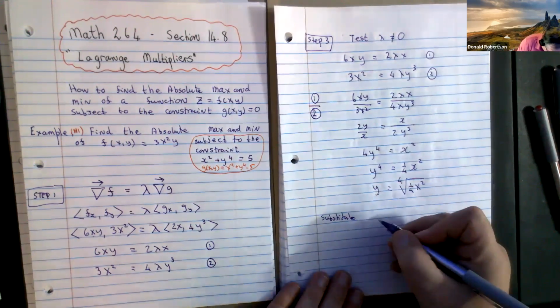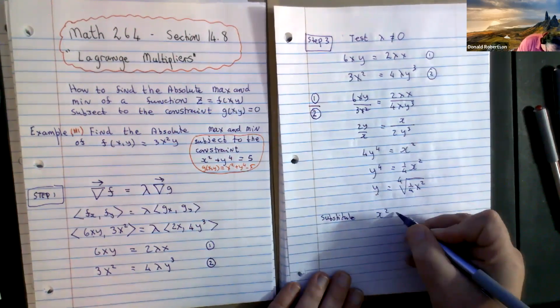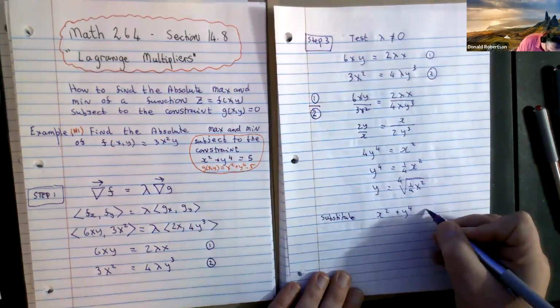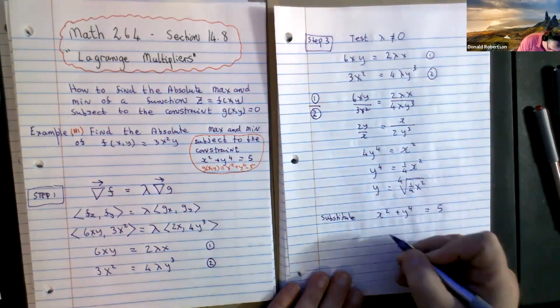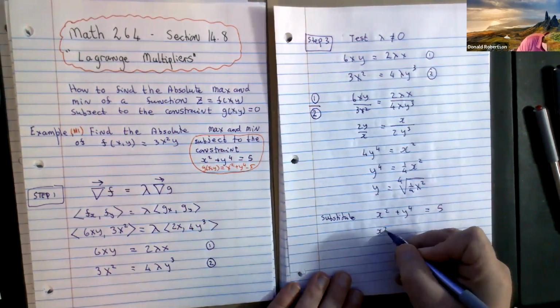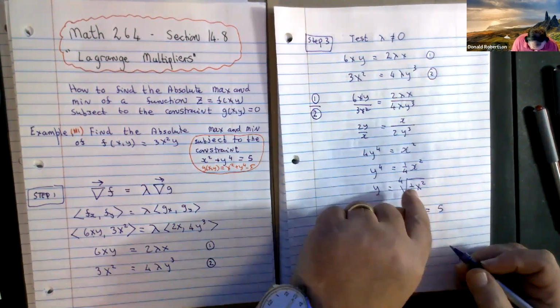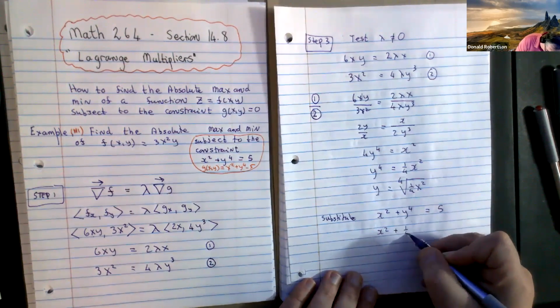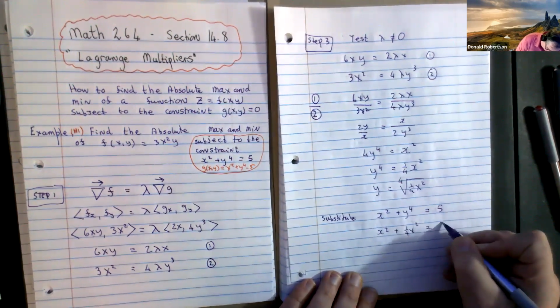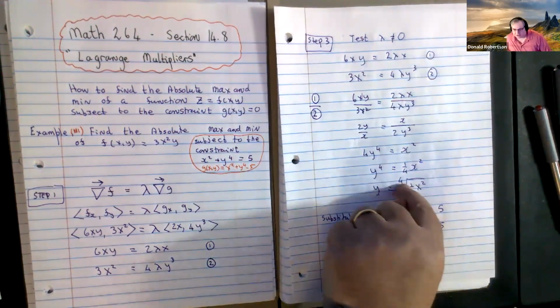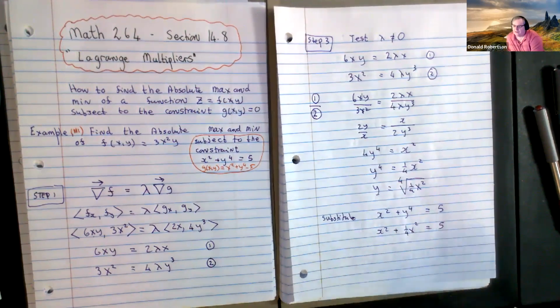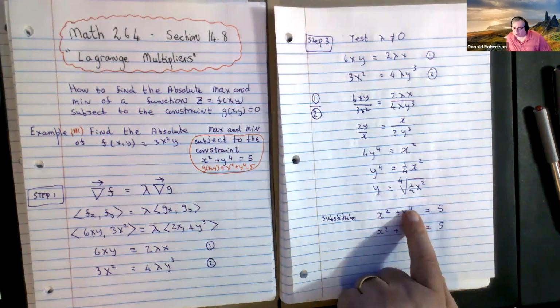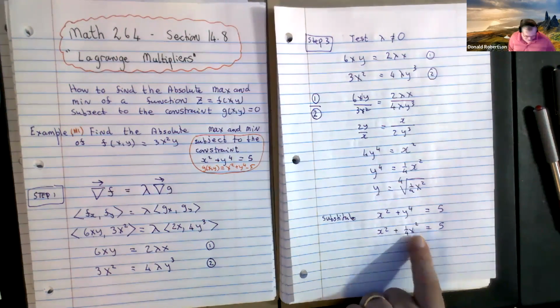Right, so here goes. I have x squared plus y to the 4 equals 5. So that means x squared plus this guy raised to the power of 4, which basically gets me 1/4 x squared. Are you okay with me just taking that to the power of 4 and writing it down, to save a line of working? If this is y to the 4, it basically gets you that.